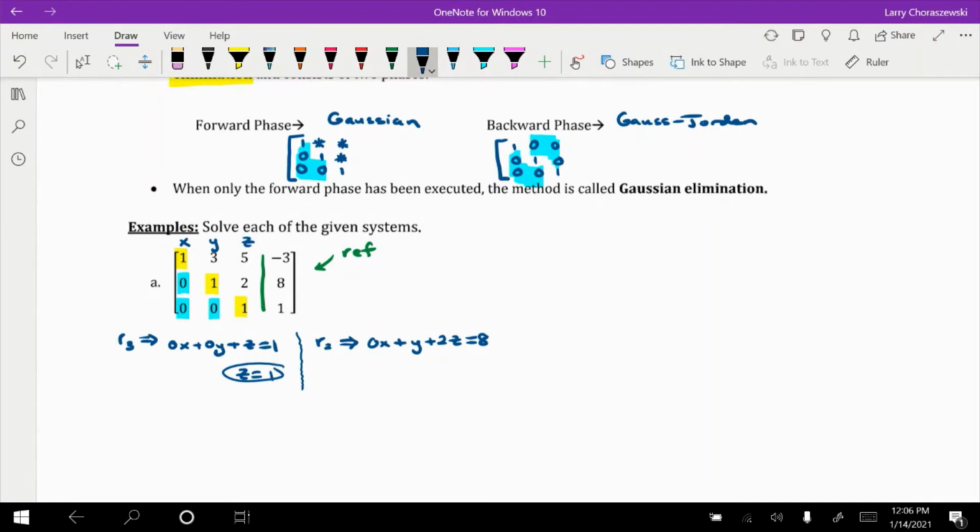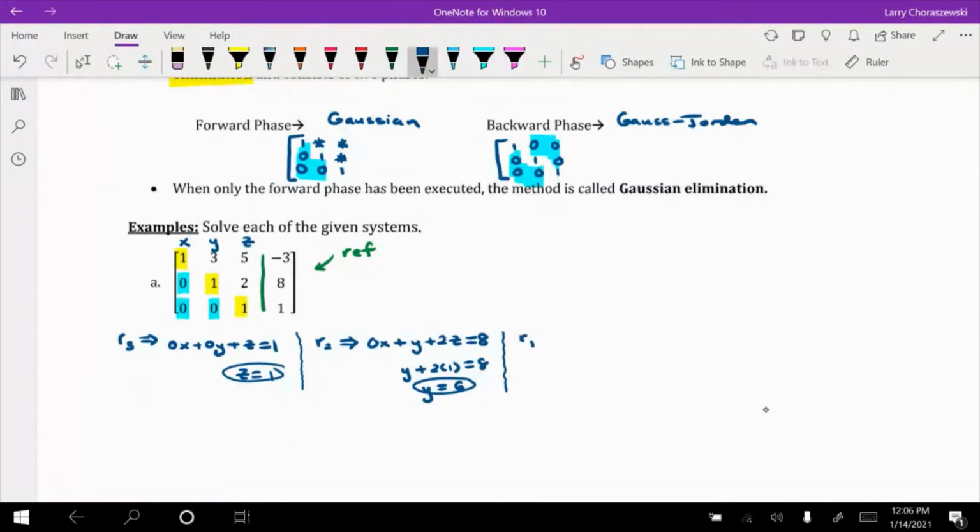Based on the information we have at this point, can we figure out the value of y? Yes, we can put 1 in for z in the equation. We can simplify the left as y plus 2 times 1 is equal to 8, and this gives you y equals 6.